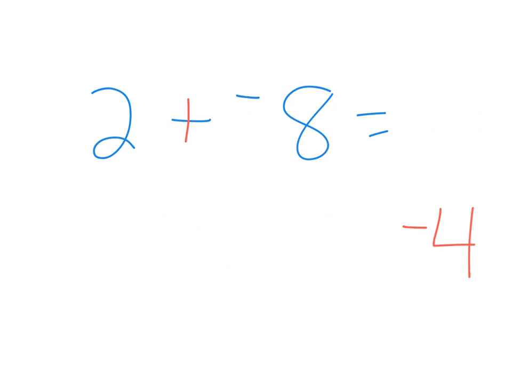And then remember with multiplication and division, the rule was, you still multiply and divide the same way you always do, but as far as the sign of the answer, that's dependent on the signs of your problems. Our rule was that anytime you have the same sign, our answer will always be positive.